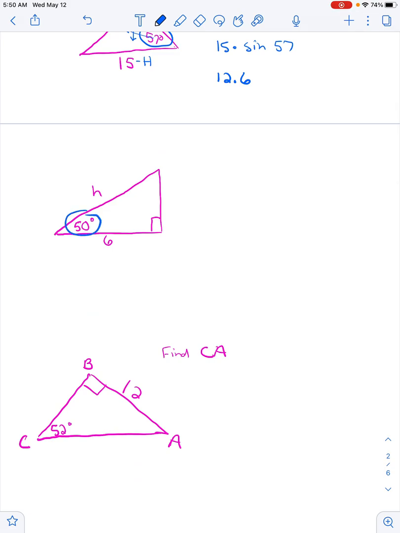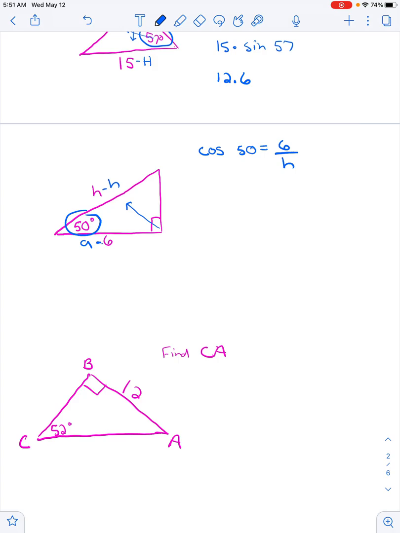Again, from my angle, this is my 90-degree angle, so this makes my hypotenuse. This side is adjacent, next to it. So adjacent and hypotenuse makes it cosine of angle 50 equals the adjacent side, 6, over the hypotenuse of h.